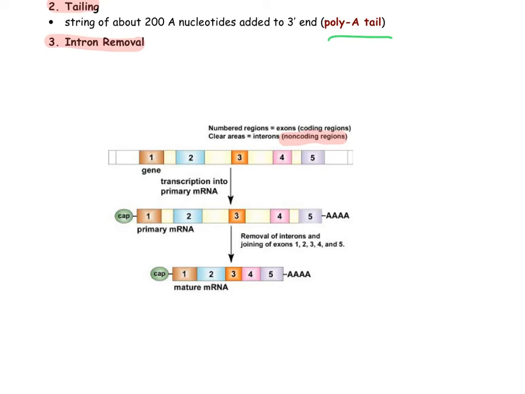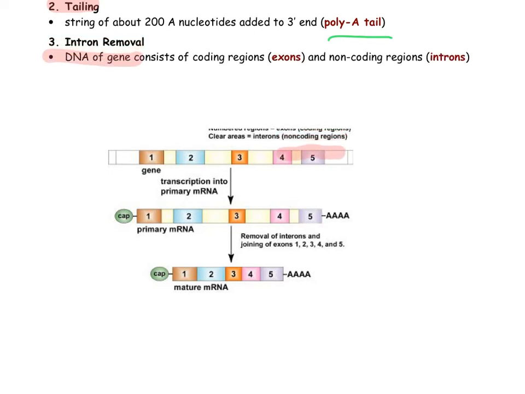You may have thought that the entire segment of that mRNA is going to eventually end up coding for specific amino acids and therefore specific proteins. However, that is not the case. We have these introns and exons. The exons are the coding part and the introns are the non-coding part.